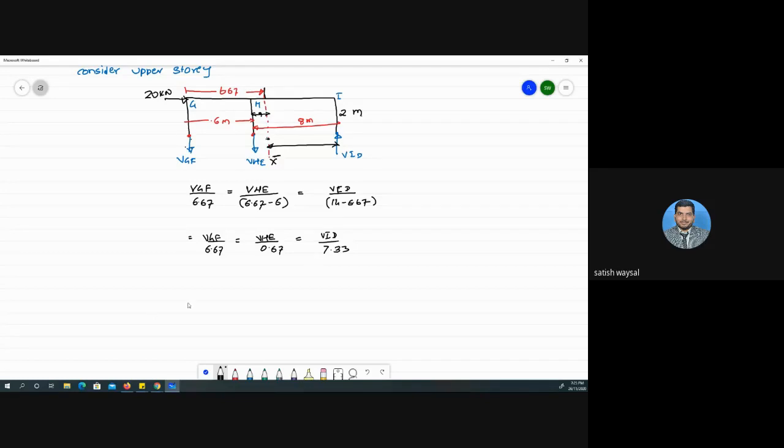Now let us take a moment about point of contraflexure in member.